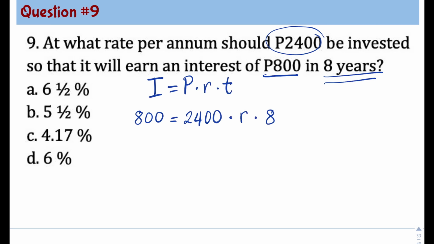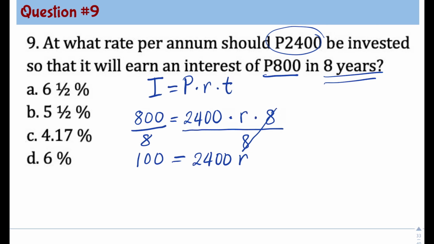In solving a problem like this, you could divide first both sides by 8, because when you divide 800 by 8, you have 100. 8 and 8 will cancel out. Then you have 2,400 times R. Doing the inverse operation, we need to divide both sides by 2,400.